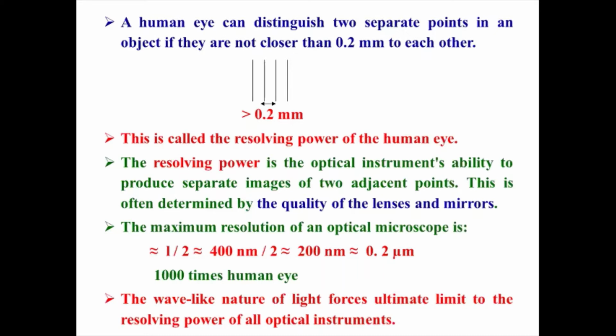So 400 by 2 is 200 nanometer, that is 0.2 micron. This is for the common optical instruments or optical microscope. So the resolution of an optical microscope cannot be higher than 0.2 micrometer or 200 nanometer.